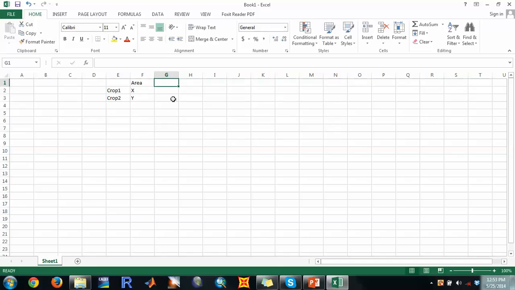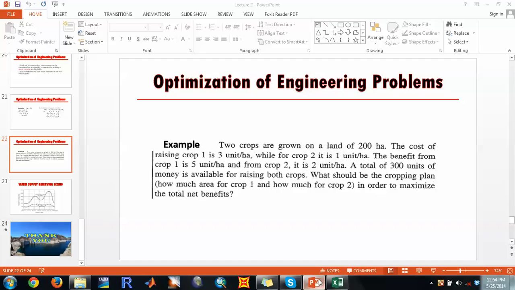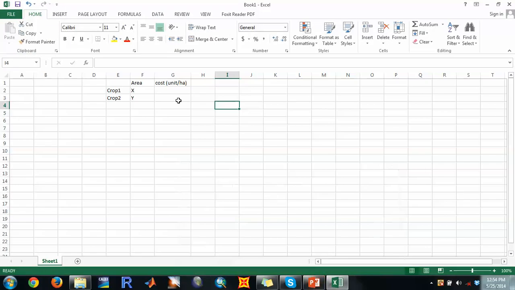We have seen that cost-wise, per unit area, in units per hectare, for crop 1 it is 3 units per hectare.